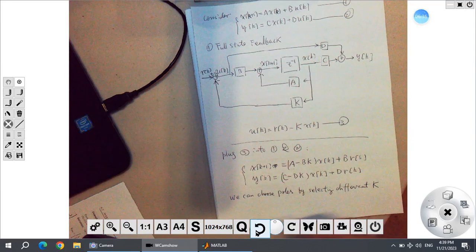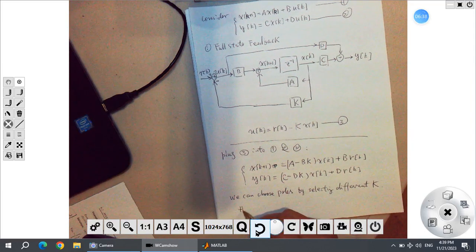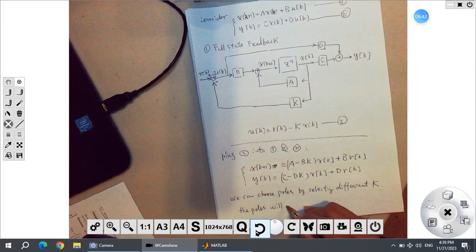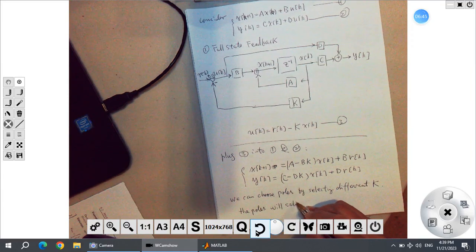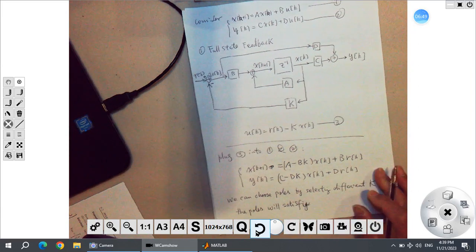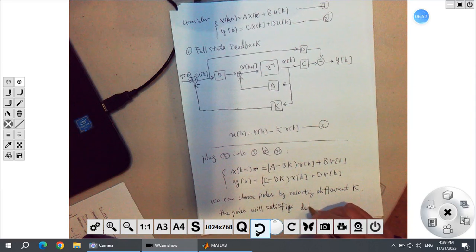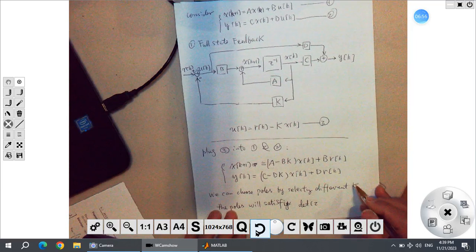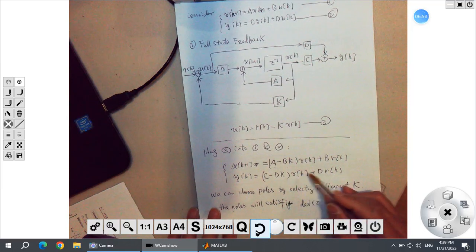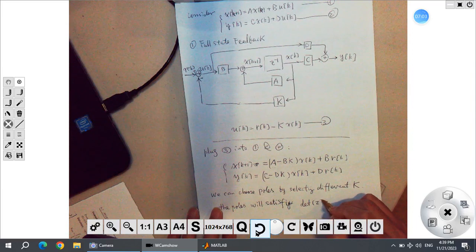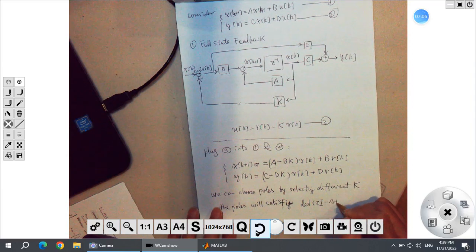And these poles satisfy the equation determinant of zI minus A plus BK equal to 0, in the z domain after the z transform, like the transfer function in the s domain.